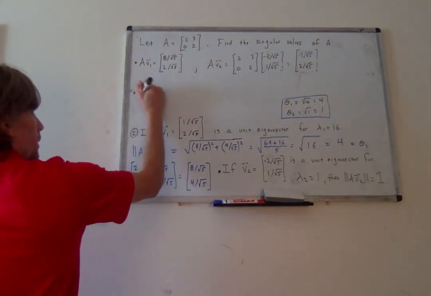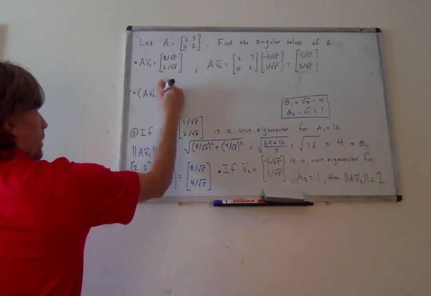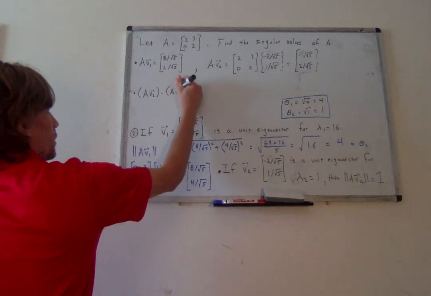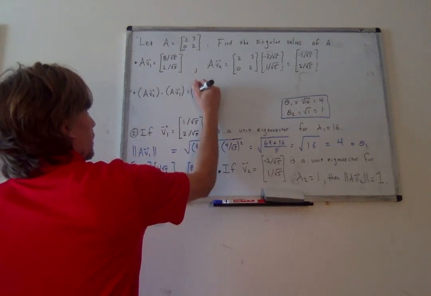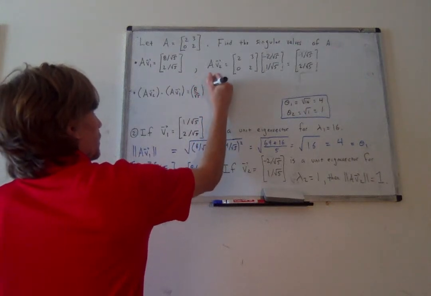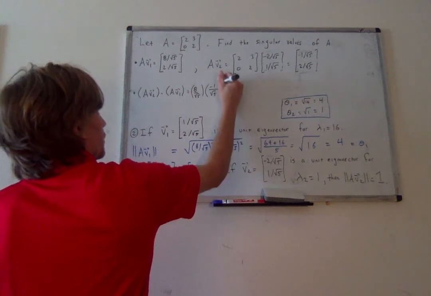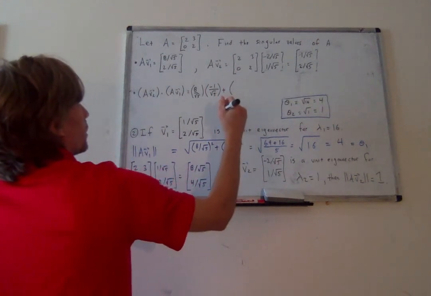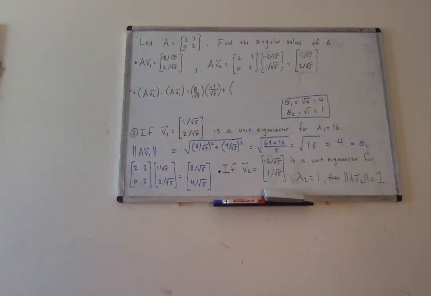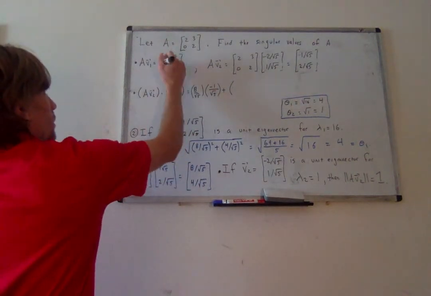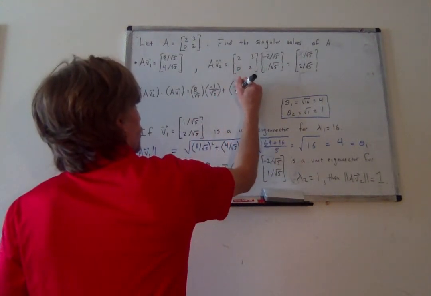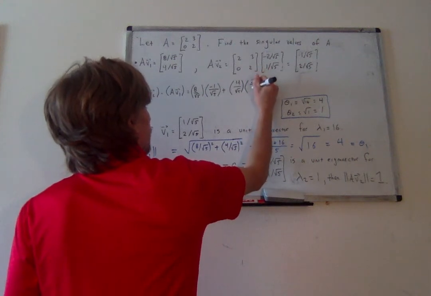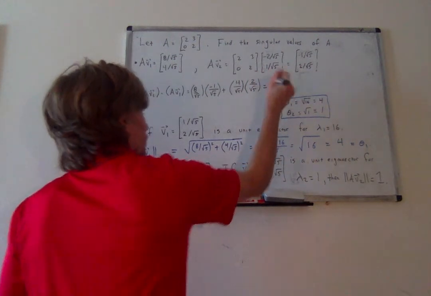And so what I want to notice here is that AV2 dot AV1 is equal to 8 over root 5 times negative 1 over root 5 plus, this should be a 4, there we go, okay, now everything's correct, plus 4 over root 5 times 2 over root 5, is equal to 0.